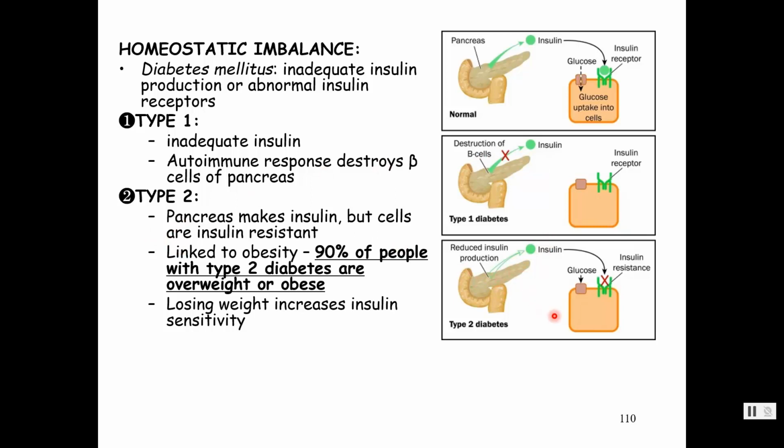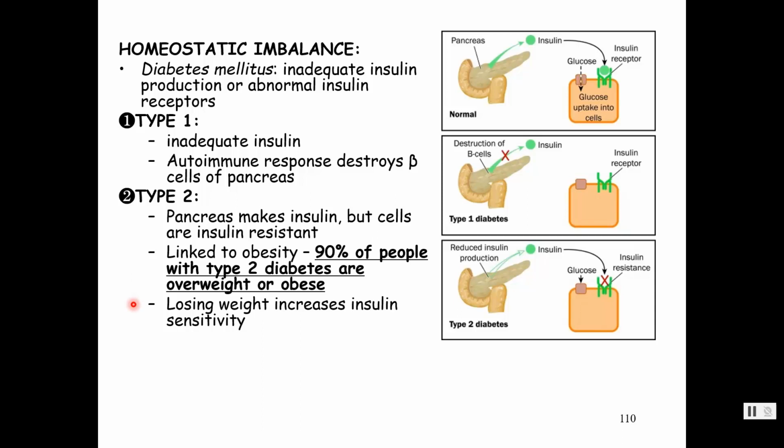What happens is that the cells become insulin resistant, and they think it's a problem with the binding or there's a change in that receptor, but type 2 diabetes is linked to obesity, meaning 90% of people with type 2 diabetes are overweight or obese. They also know when people's blood glucose levels start creeping up, if the person loses weight, then their body becomes more insulin sensitive again.